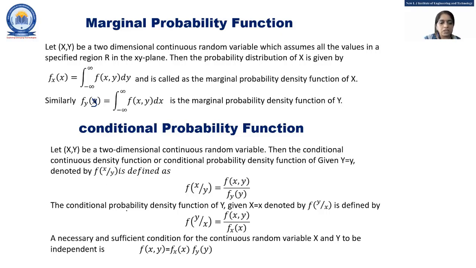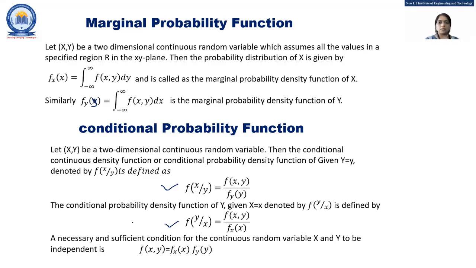Similarly, the conditional probability density function for Y given X equal to small x is denoted by f(y|x) and is defined in the same way. A necessary and sufficient condition for the continuous random variables X and Y to be independent is that f(x,y) = f(x) f(y).